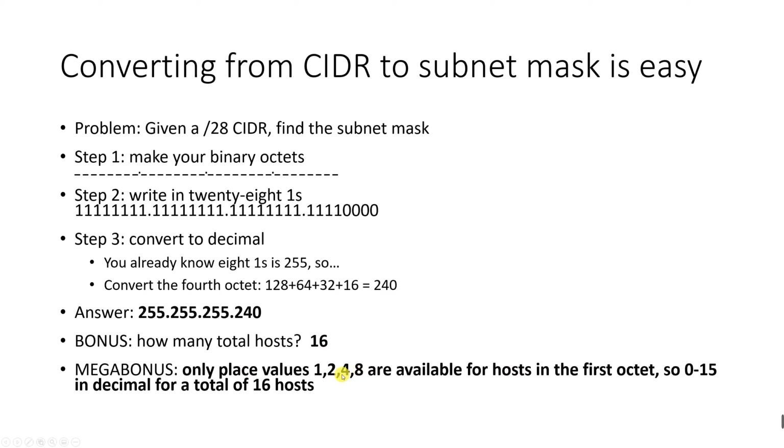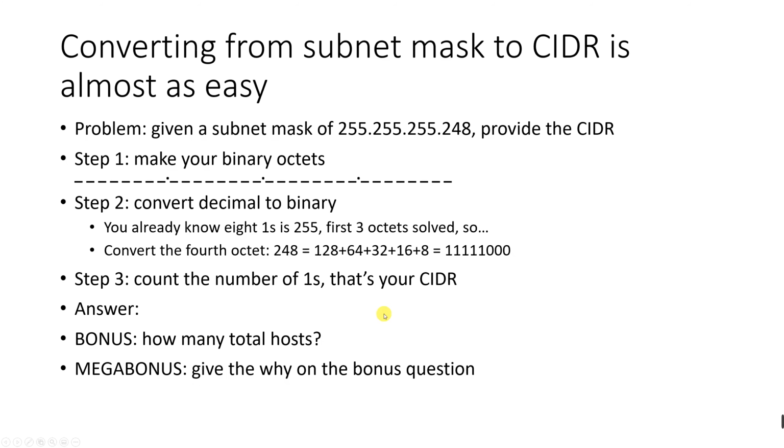Because 8 plus 4 plus 2 plus 1 is 15, and 0 through 15 is a total of 16 numbers that are available to assign to hosts. So that is why. And if you had 240 in that fourth octet for the subnet mask, you got that correct. Now, let's go from subnet mask to CIDR.